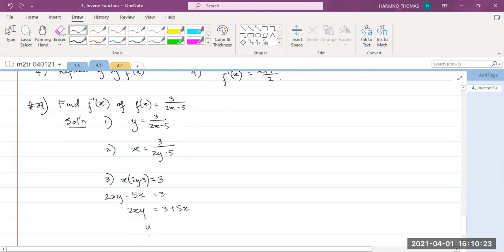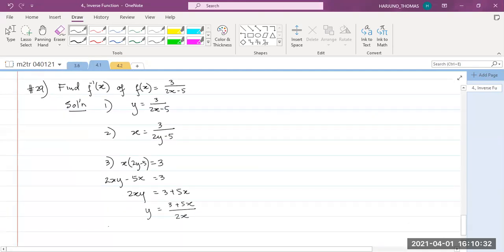So y equals (3 plus 5x) over 2x. Therefore, step 4, f inverse x, the inverse function, is (3 plus 5x) over 2x.